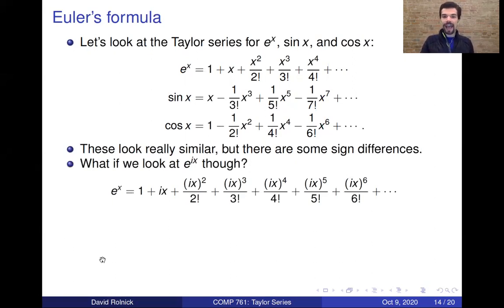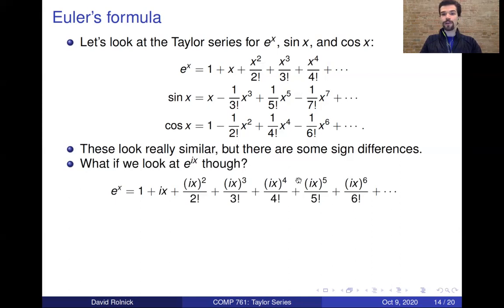Well, that doesn't make sense. I know it doesn't make sense. You've just said, what if you raise e to an imaginary power? Sorry, this should be e to the ix here. We didn't define what that is, but let's see what happens.